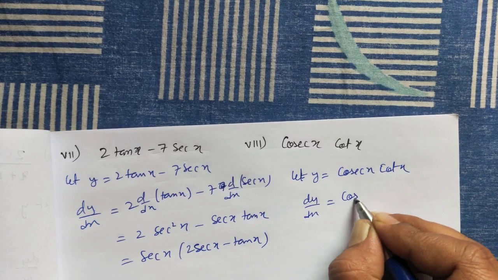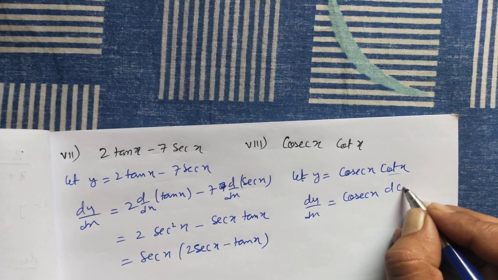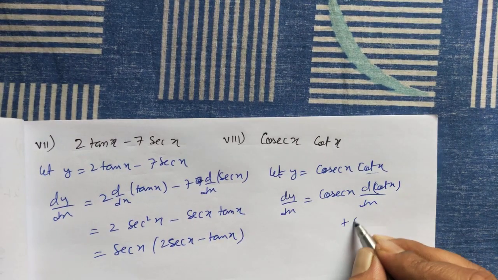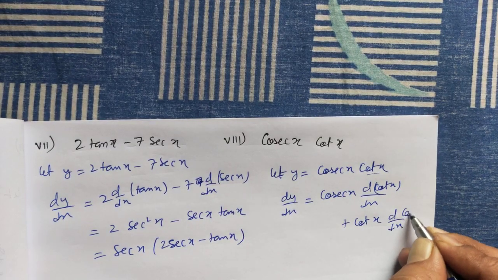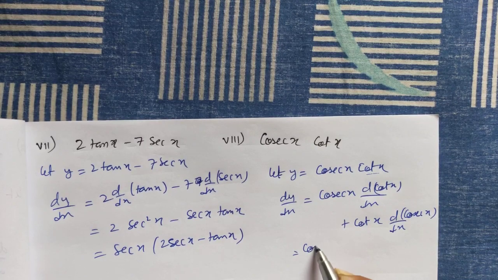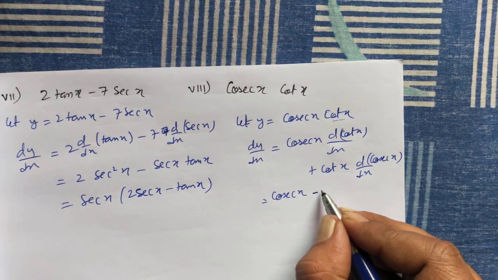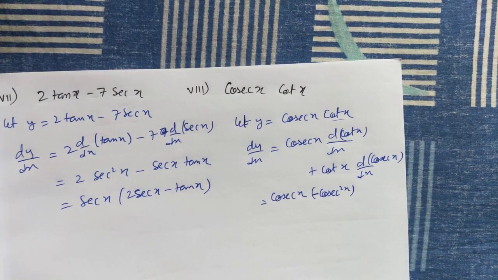Use the product rule and get the answer. First, cosec x common, constant, and we'll derive cot x, plus cot x common and we'll derive cosec x. Derivation of cot x is minus cosec square x. You need to check the formula.